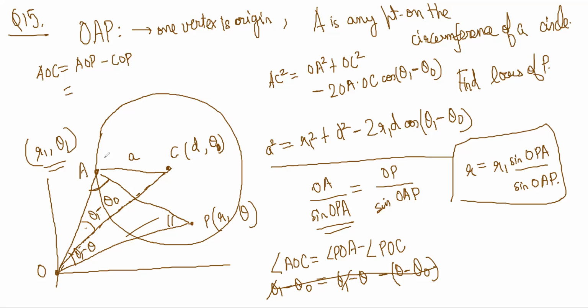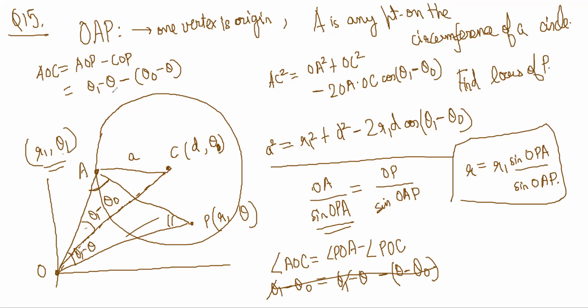AOP is theta 1 minus theta, right? And COP is theta naught minus theta. Yeah, we messed up the sign there.